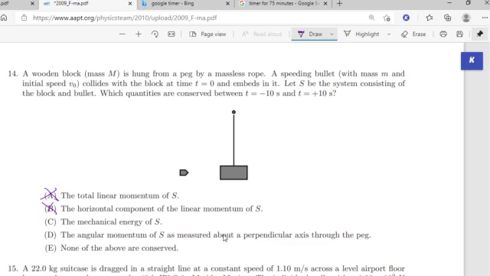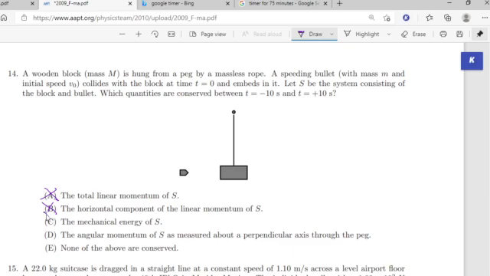Angular. Okay, so it looks like it is either D or C. It couldn't be C actually, because a lot of energy would be lost.